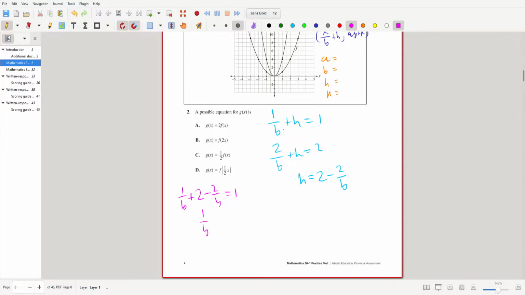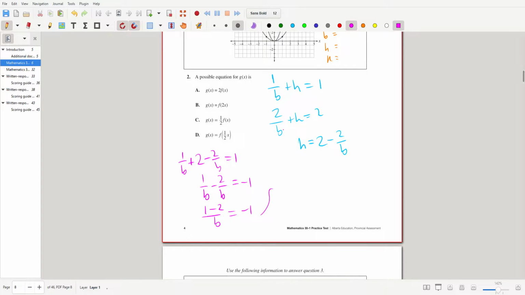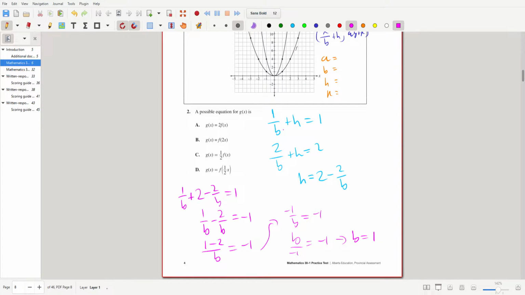You can use a graphing calculator for this, it's pretty simple. We have a common denominator here, so 1 minus 2b equals negative 1. Negative 1b equals negative 1. This is then b equals 1. So b is 1.